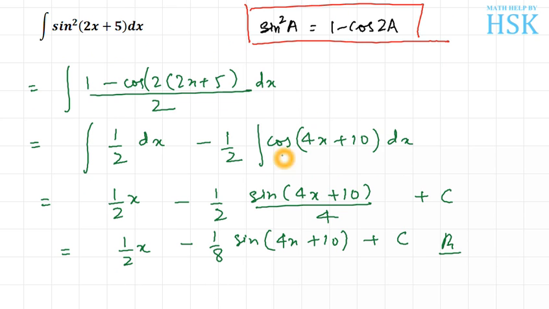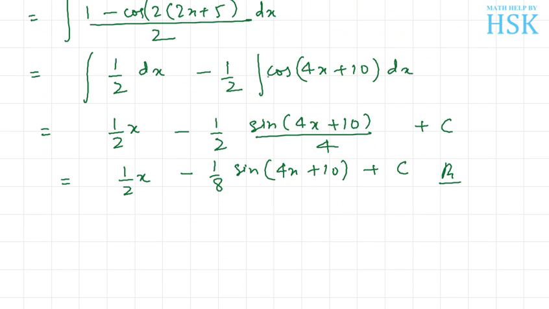In this question, while we were solving, I wrote that integration of cos of 4x plus 10 is equal to sine of 4x plus 10 upon 4. How can we directly write such integration? Let me explain. We know that integration of cos x is equal to sin x plus c.